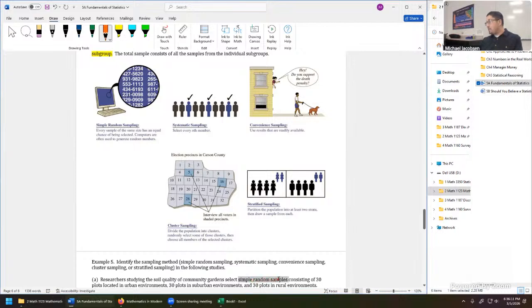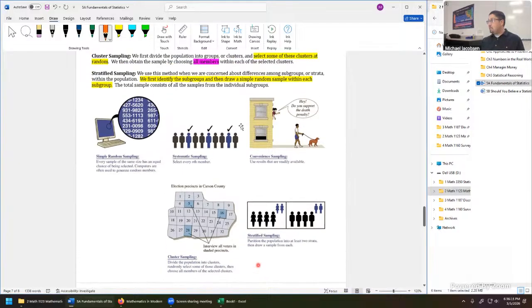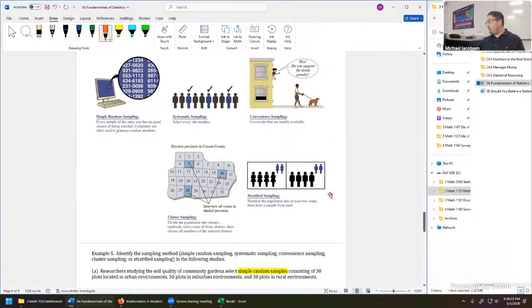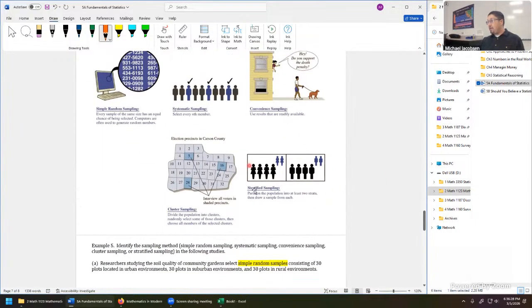You have to take random samples from each one of those strata. That's what this is saying. Identify the subgroups, or you could call them strata, draw simple random samples from within each one of them, and you're looking into stratified sampling. So part A fits this picture and that definition, stratified sampling.